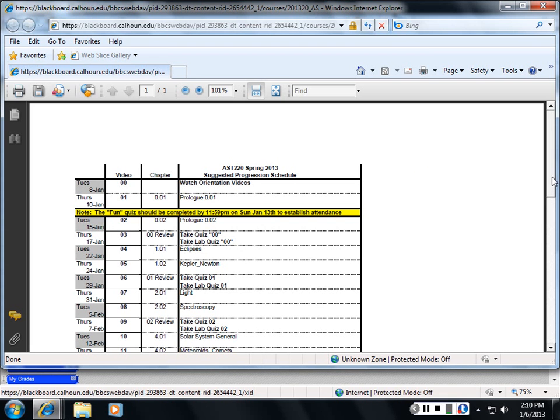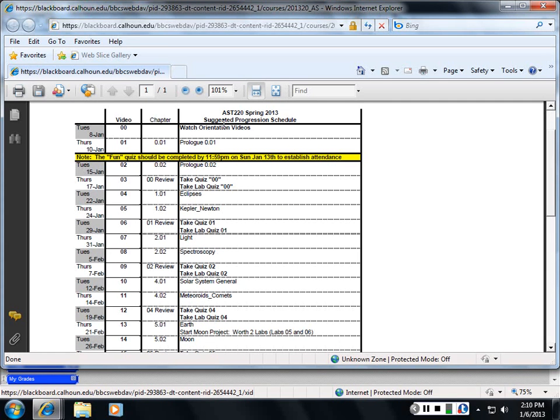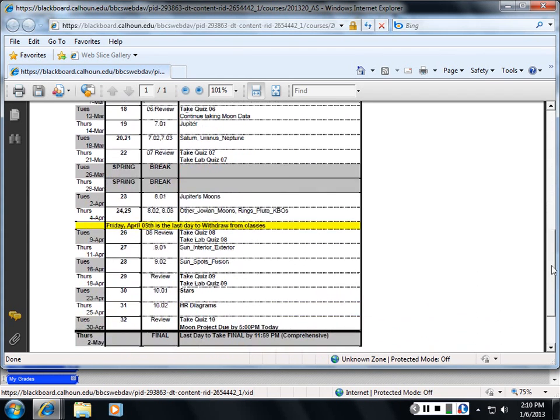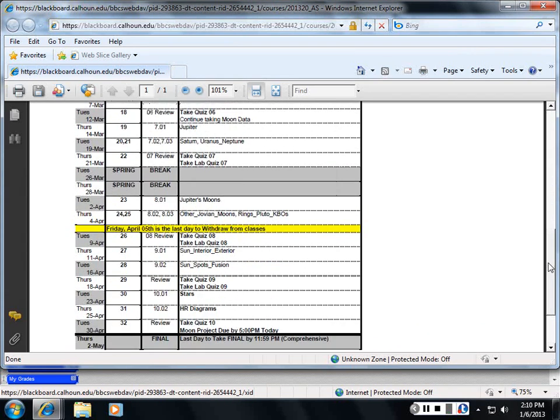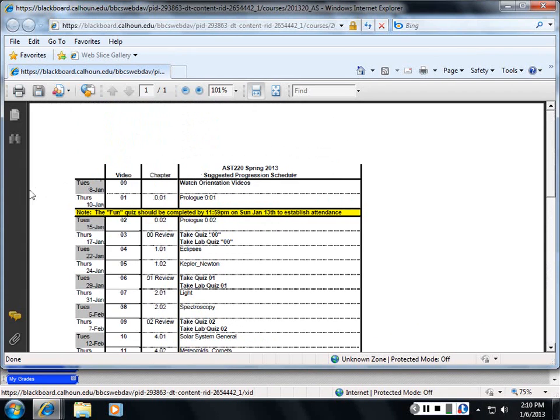But this is the one for spring 2013, and you can see that there is something assigned for every day, twice a week in this schedule for the whole semester. And there are some key dates established in the semester as well.